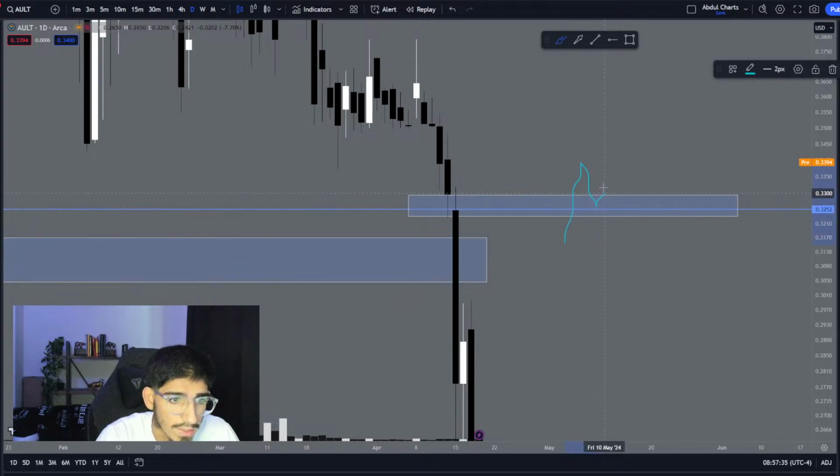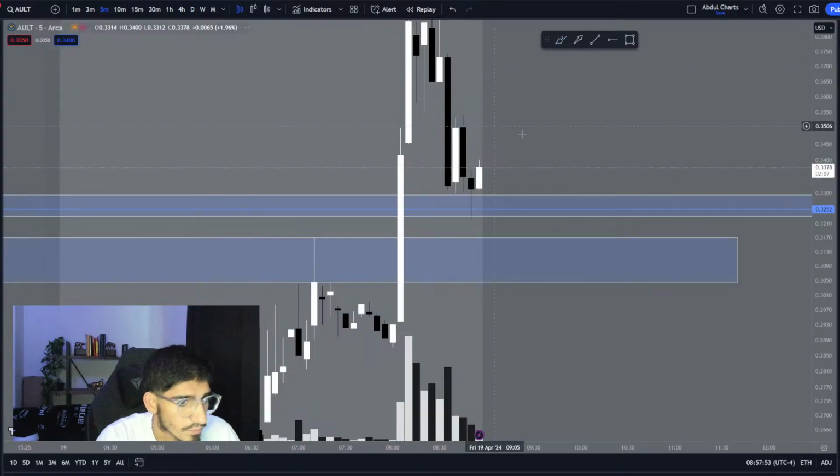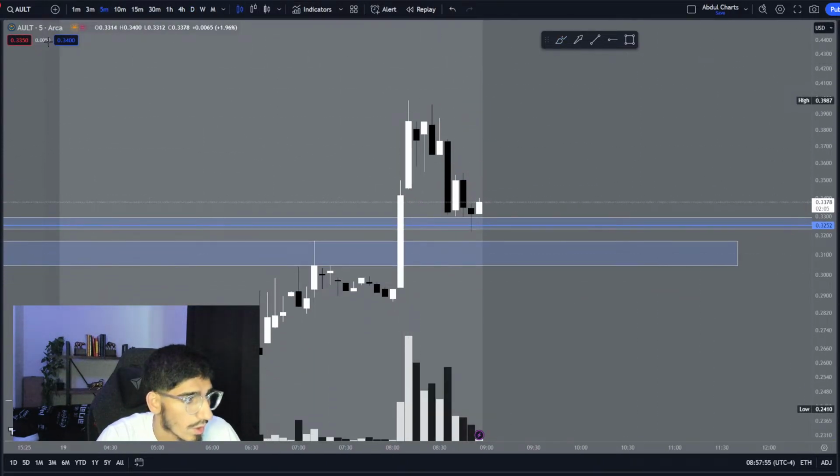Next time it pulls back into here, we're looking for something like a little downtrend break off our demand, and then take that entry for a move up. That's what we would be looking for. Okay, so that's exactly what's going on right now.